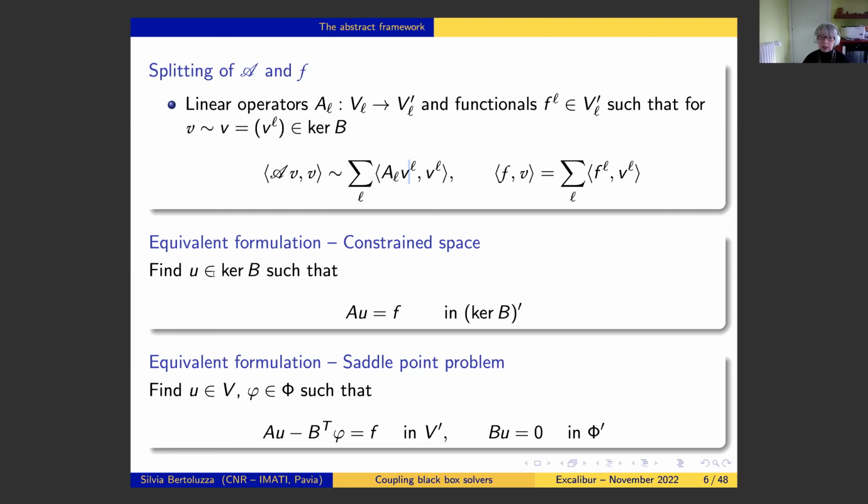That is, you find U in the kernel of B, such that for all V in the kernel of B, AU tested on V is equal to F tested on V. That is, AU equals F as seen as an element of the dual of the kernel of B.